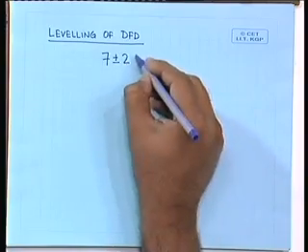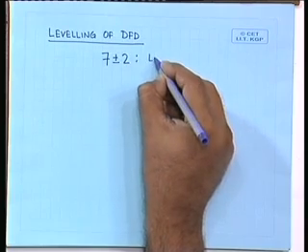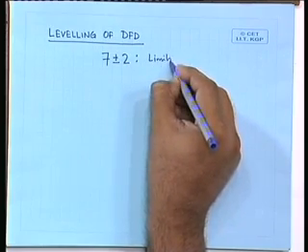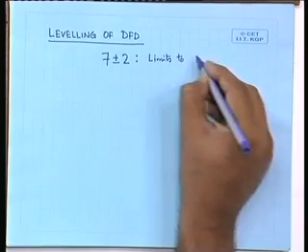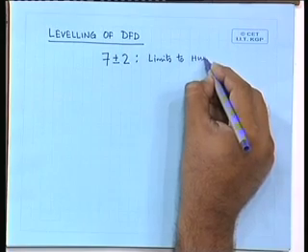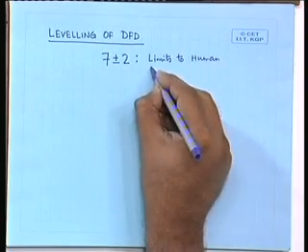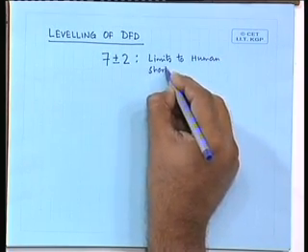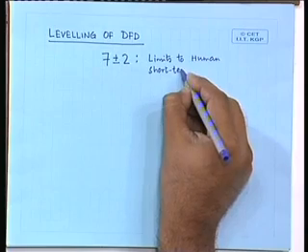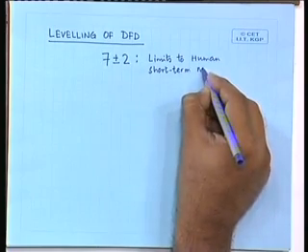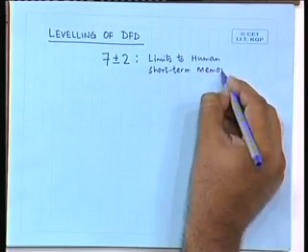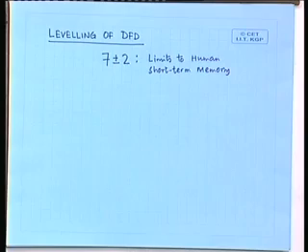So, these 7 plus minus 2 are actually limits to human short term memory.